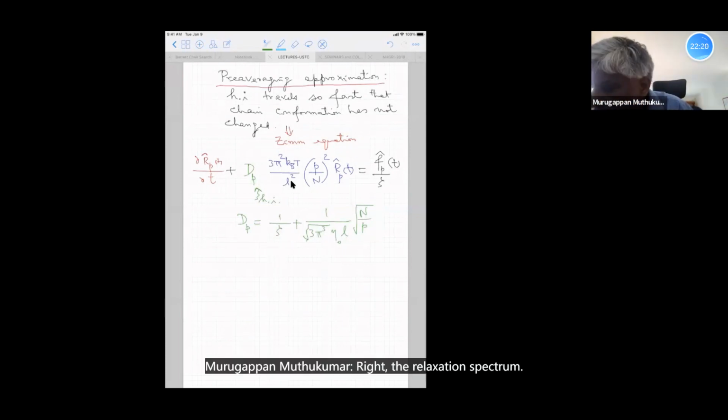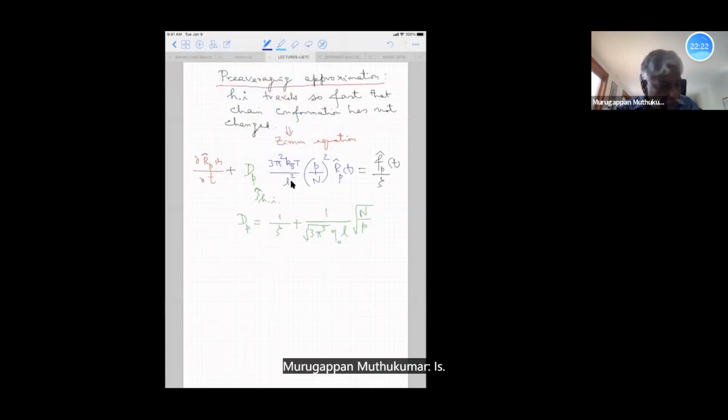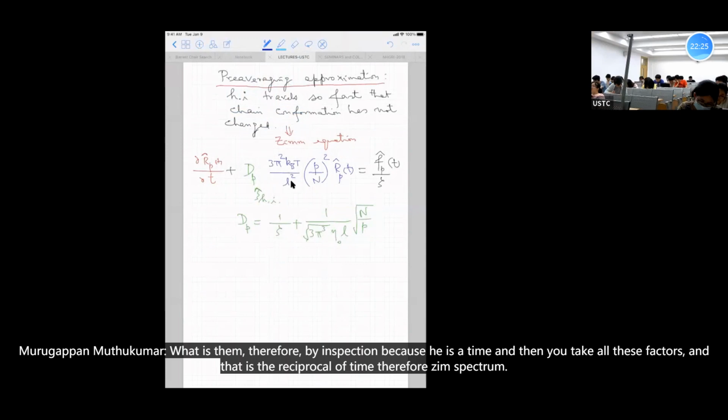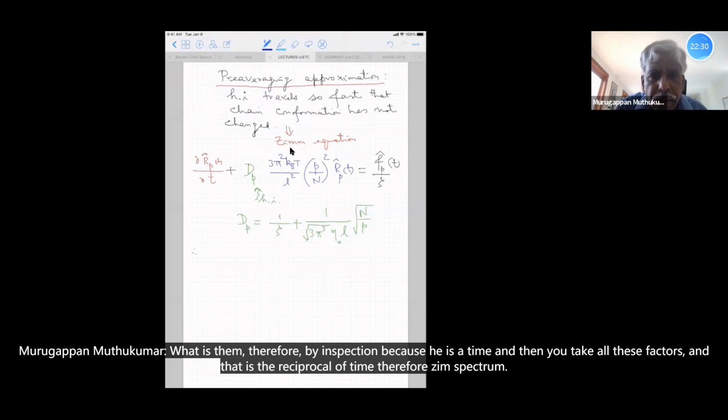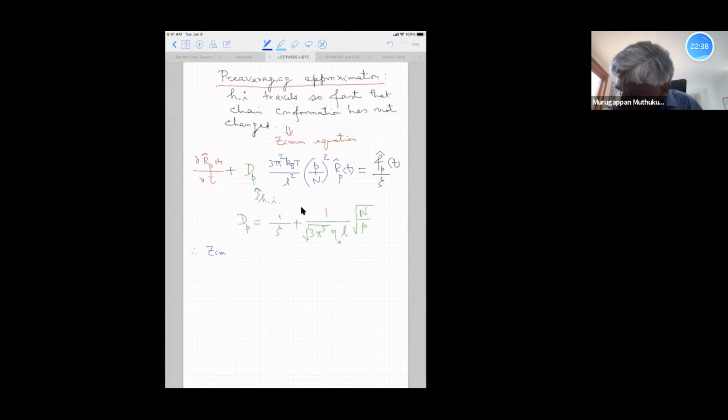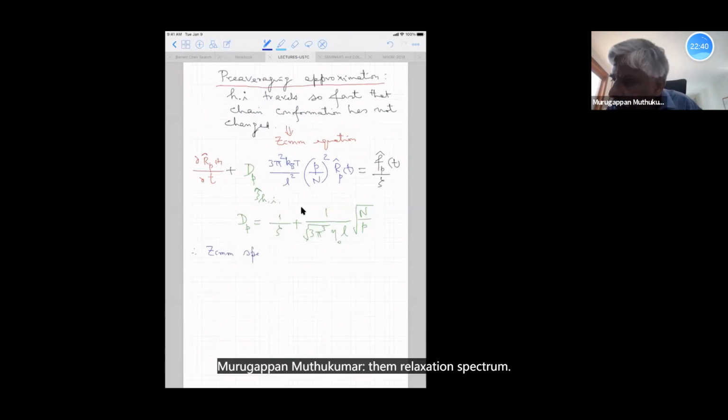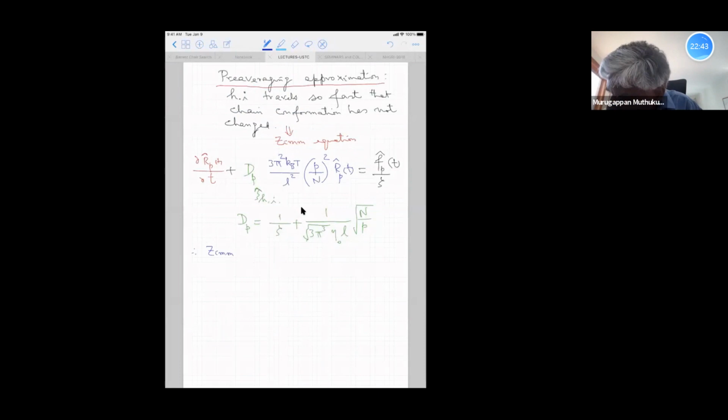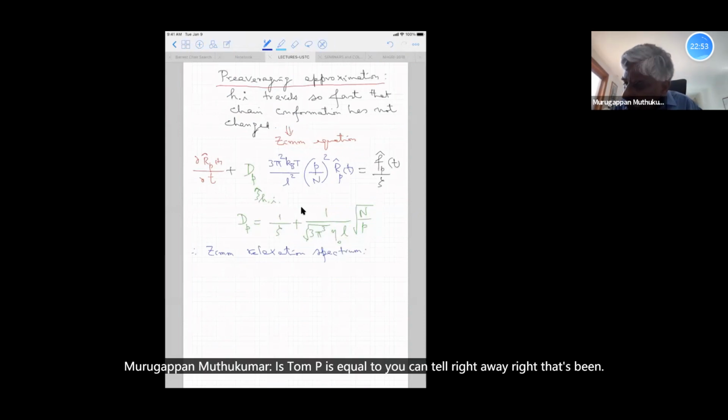Right, the relaxation spectrum is what is Zimm. Therefore, by inspection, because here is a time, and then you take all these factors, that is a reciprocal of time. Therefore, the Zimm relaxation spectrum tau P is equal to, you can tell right away, right?